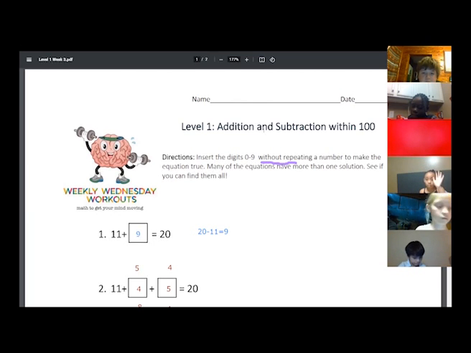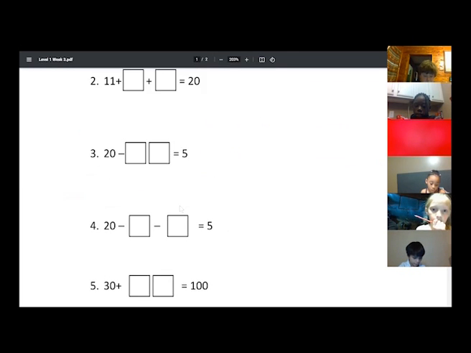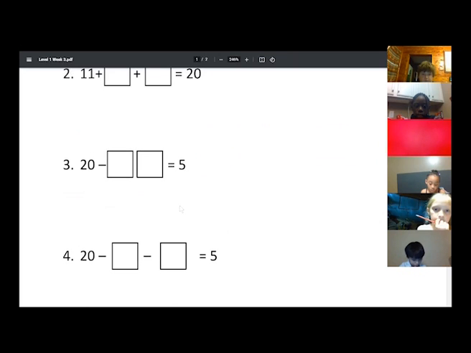I want you all to try number 3 and 4 on your own. Can you do that? Give me a thumbs up if you're good with that. All right, and then give me a thumbs up or raise your hand when you have an answer.